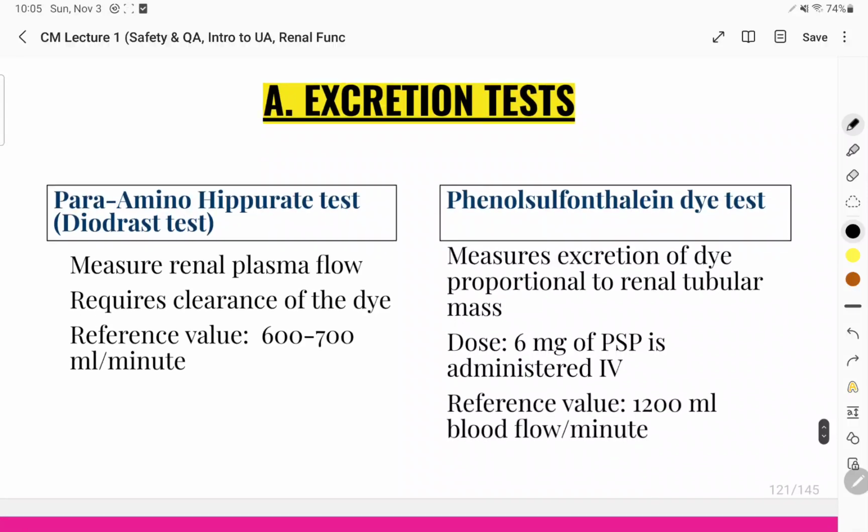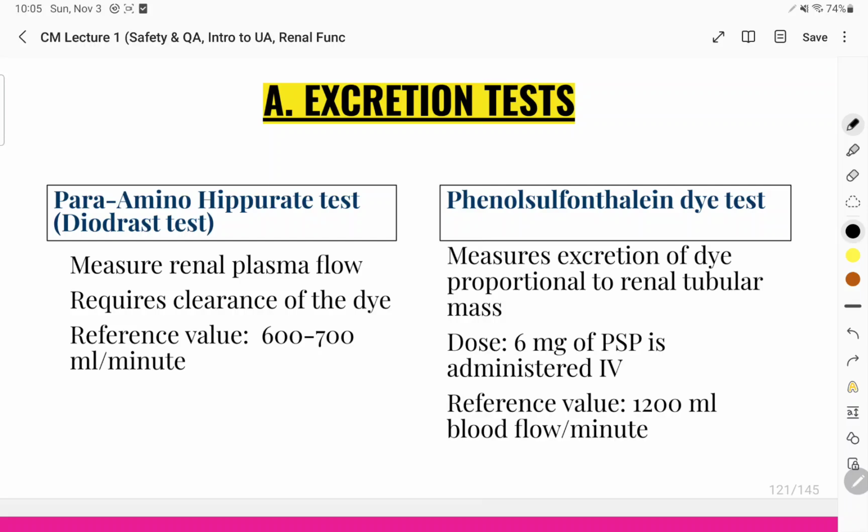So excretion tests, we have the para-aminohippurate test and the phenolsulfonphthalate dye test. Your para-aminohippurate test, or diodrast test, measures your renal plasma flow, okay? And of course, the dye, para-aminohippurate, requires the clearance of that dye. The reference value should be 600 to 700 ml per minute excreted.